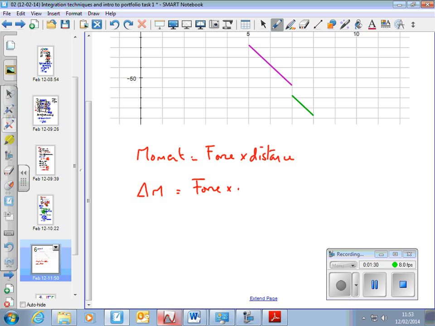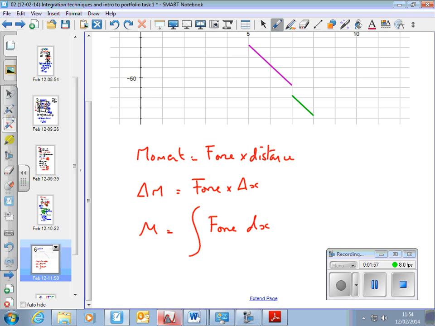And the overall moment is the integral of the force with respect to R, or X if that's our distance. Actually we're using X instead of R, aren't we? So delta X would probably be better in this example, because we're using X to represent the distance.